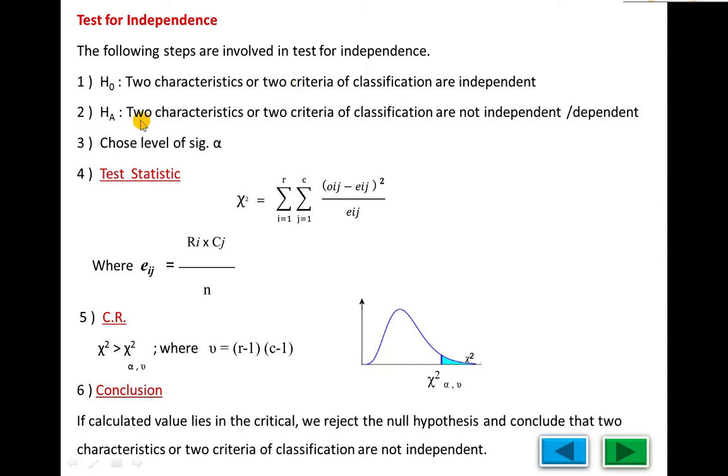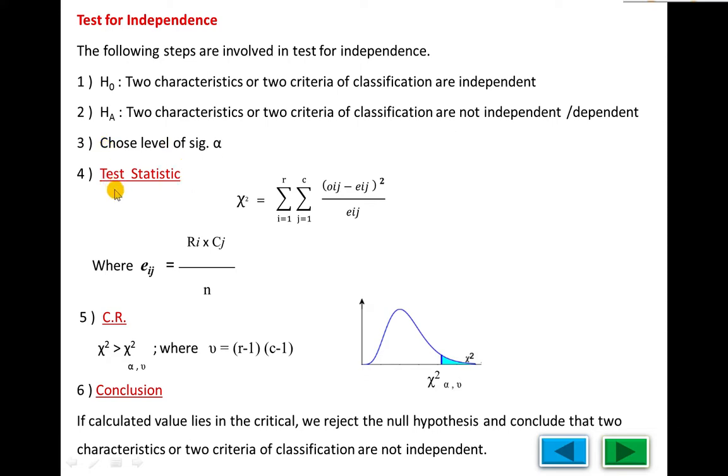The alternate will be the same as the null hypothesis, but the word will be changed to not independent: the two characteristics or two criteria of classification are not independent, or dependent. This is a general statement, but we will write it according to the question or data. Third step, level of significance, alpha.